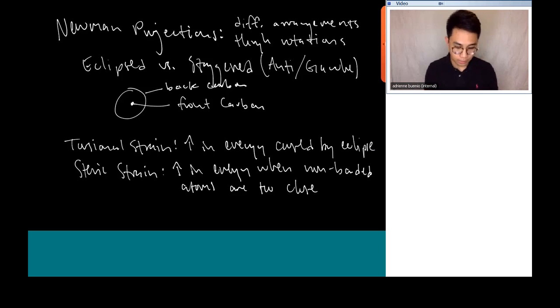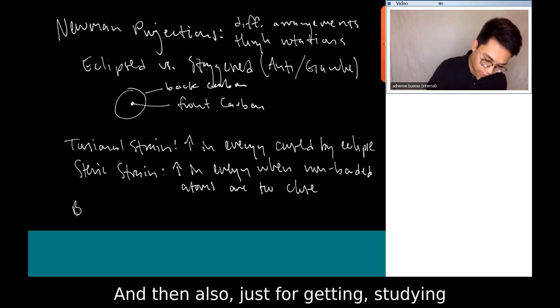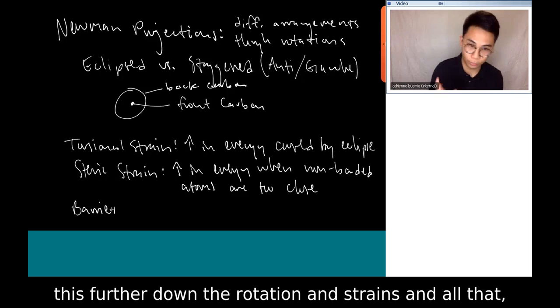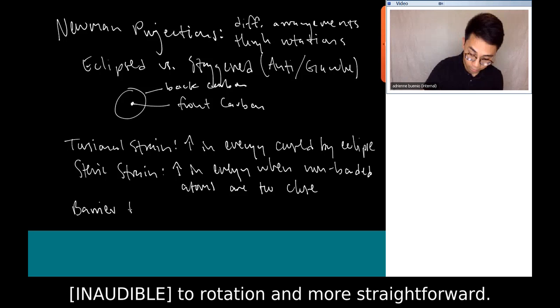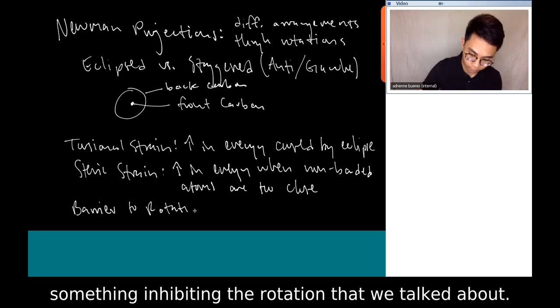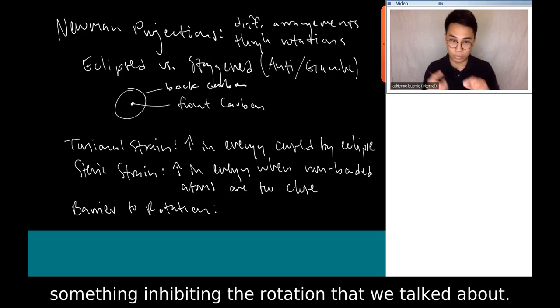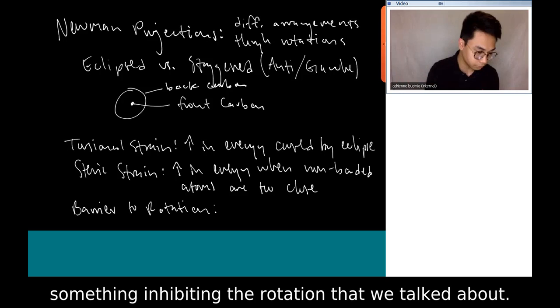And then also, just for setting this further down the rotation and strains, a more straightforward thing, right? So obviously there's going to be something inhibiting the rotation that we talked about, right?